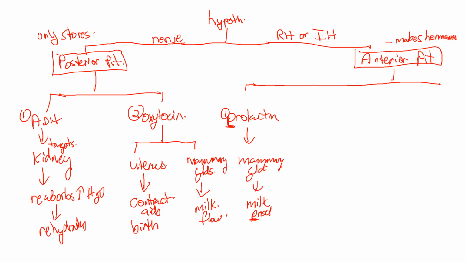And then really quickly, we can do any of these other ones here. So we can do, let's say, number 2, TSH. TSH targets the thyroid. Thyroid gland releases 2 things. One of them, of course, is thyroxine. And this one has to do with increased metabolism.